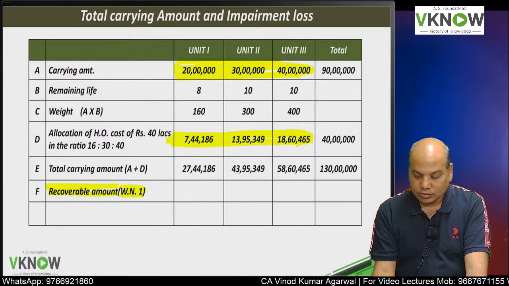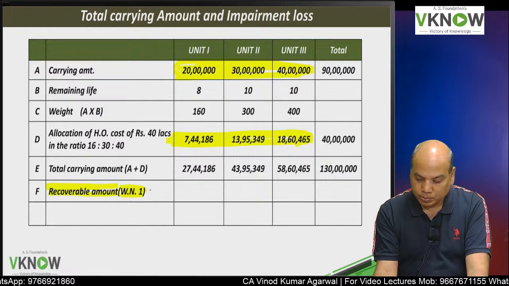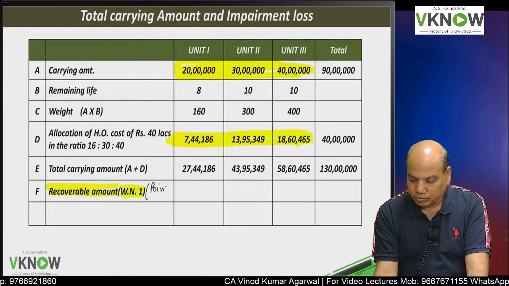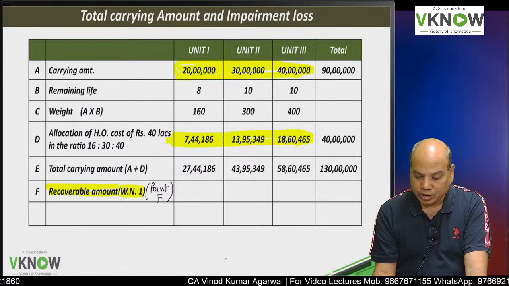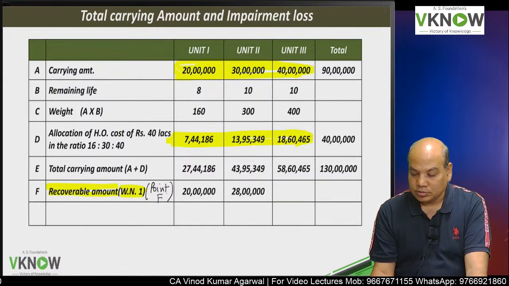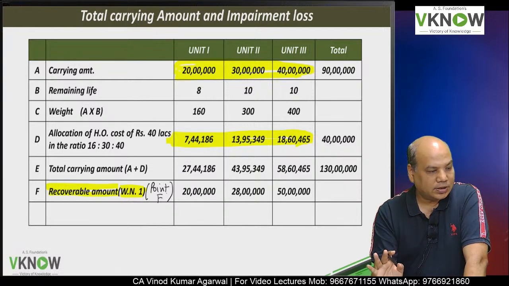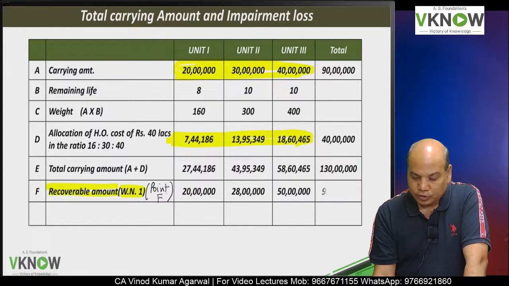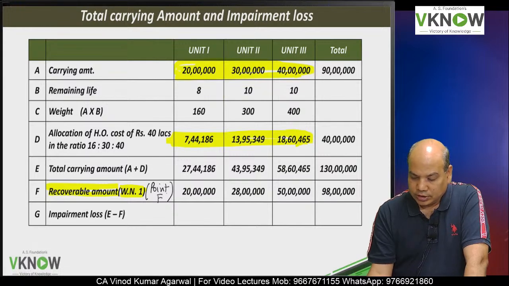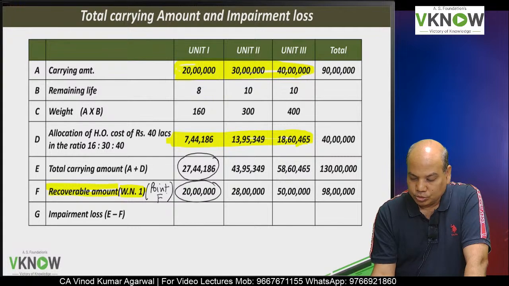Last line. Working note point F. Can you see last line point F? 20 lakh, 28 lakh, 50 lakh. Now let us check whether there is impairment or not. For unit 1, total is 98 lakh. Unit 1 carrying amount is more.